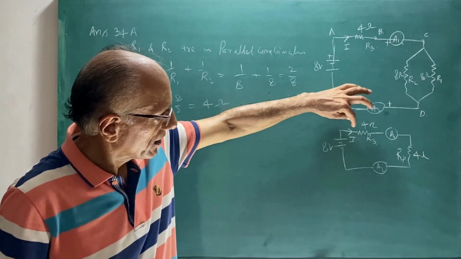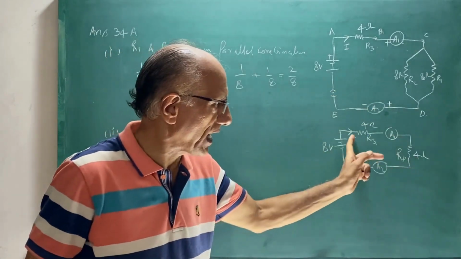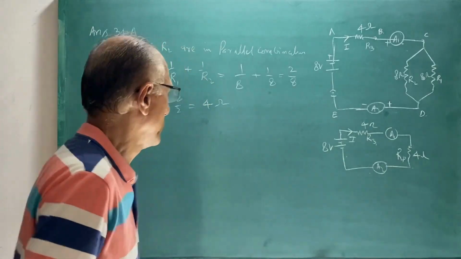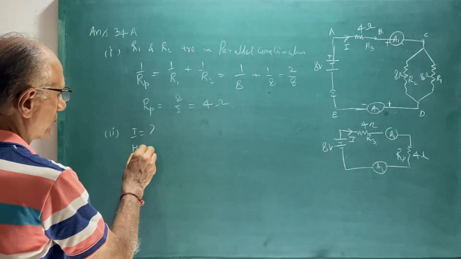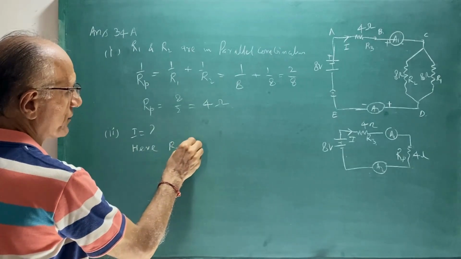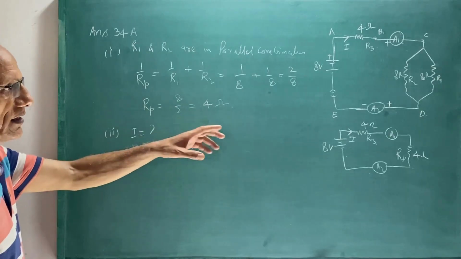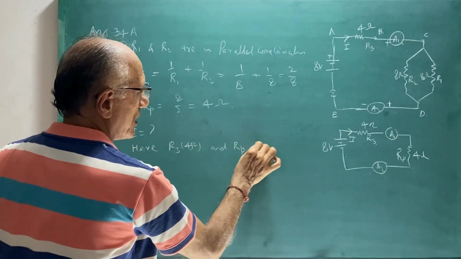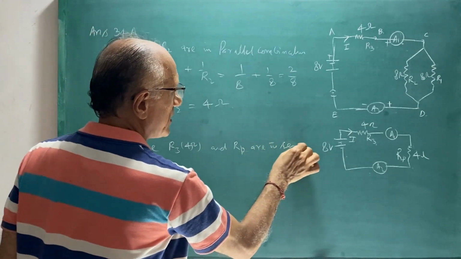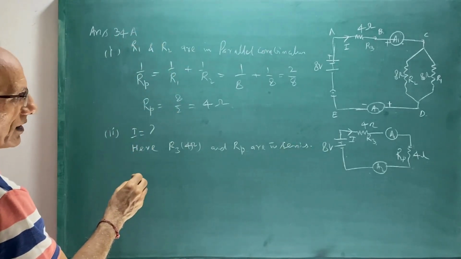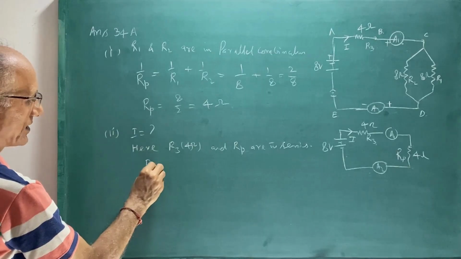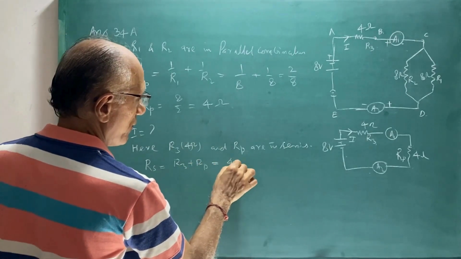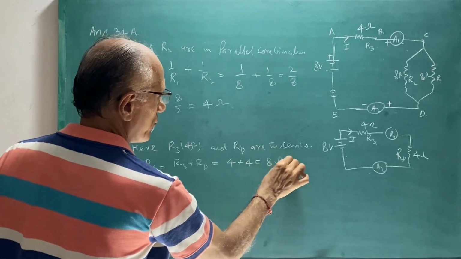So here this R3 and R parallel are in which combination? Series, correct. So here R3, that means the 4 ohm resistance which is being talked about, and Rp are in series. Therefore, R series equals R3 plus Rp, that is 4 plus 4 equals 8 ohm.